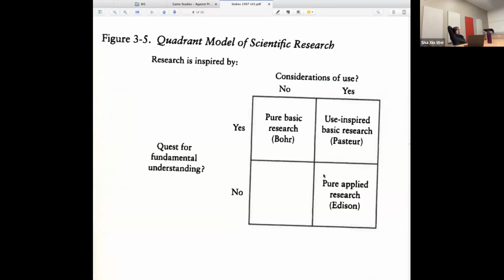It's really cool. I don't have a full deep understanding of it yet because I just learned this in one of my other classes, but I really think it applies here. It's a table about discovery: do people discover things because they want to use them or because they want to understand them?